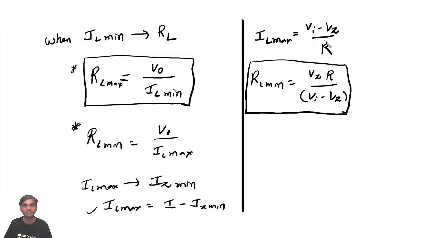Vi minus Vz by R is nothing but the current flowing. So IL maximum is going to be (Vi minus Vz) by R. Whenever IL maximum happens, RL minimum will happen, so these two are interrelated.